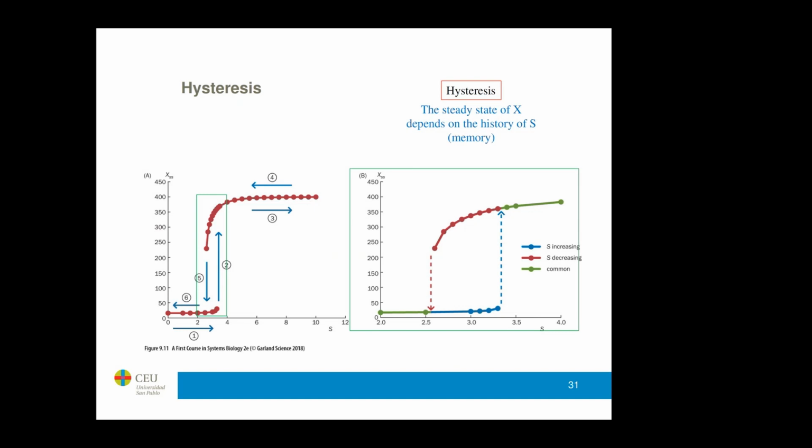But if you have hysteresis, then, for instance, you may go up following this path, but when the level of the signal decreases, you don't decrease following the same path; you wait a little bit more, and only after waiting do you come back.